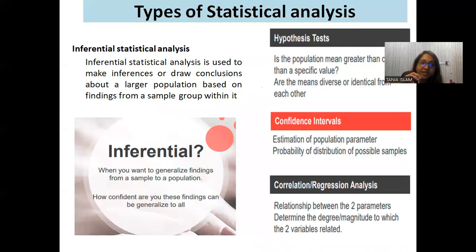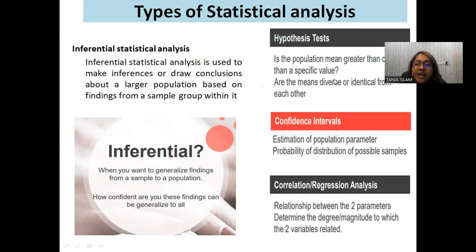Inferential statistics will reflect whether your data of those colorectal cases can be generalized to all the colorectal patients in Malaysia, or all the patients in the hospital, or different hospitals, or at different time points. That's inferential statistics. It also helps us measure how confident we are that we can generalize our finding or not.